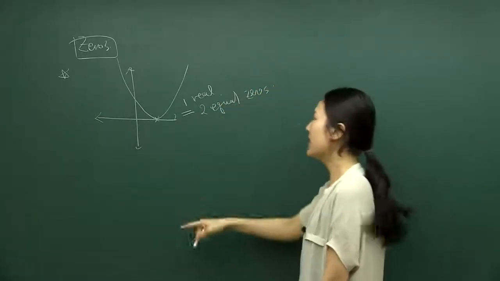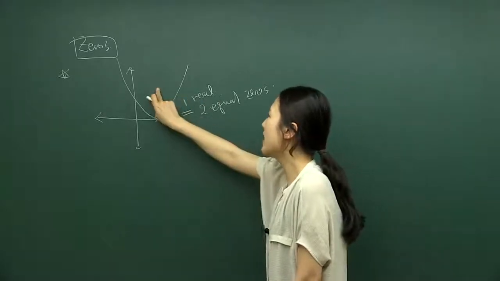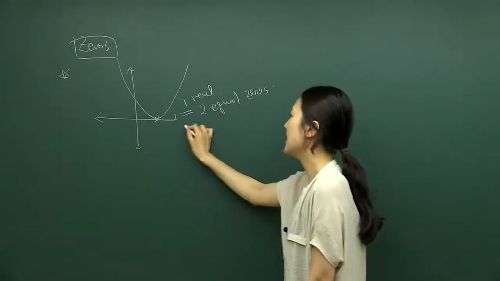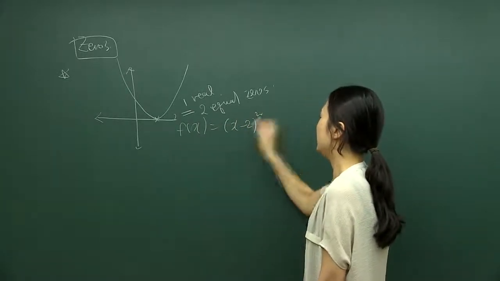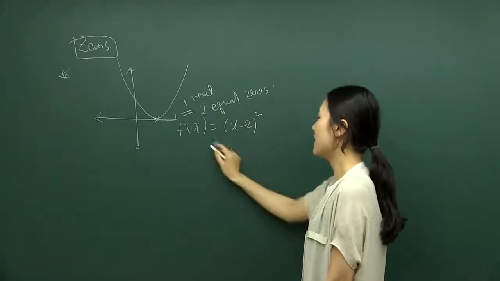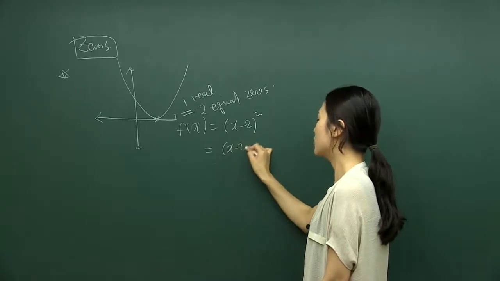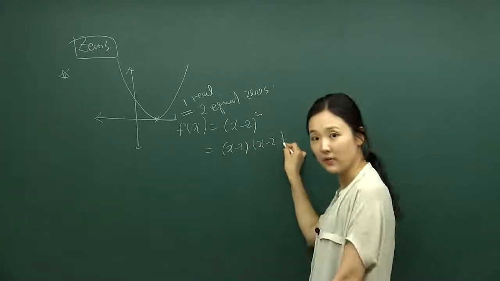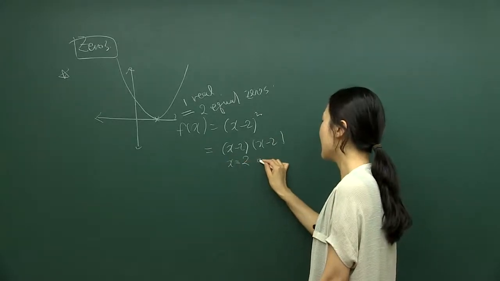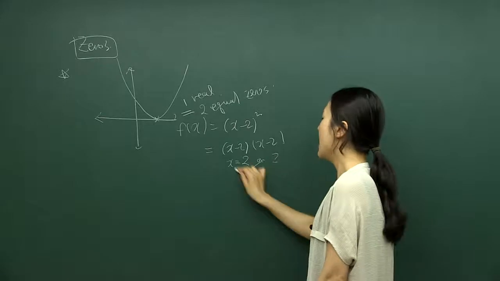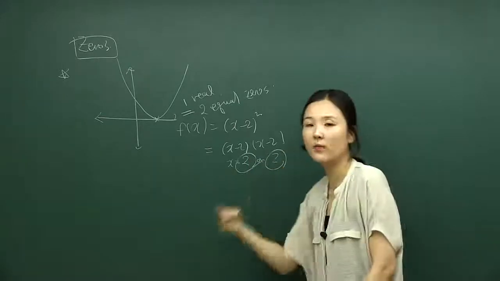Well, technically, consider this. When you have a function graph that looks like this, it's usually given by, say, x minus 2 squared, for example. What does that mean? It means that x minus 2 times x minus 2 is given, so that your zero equals 2 and also 2. As you can see, we have 2 of the same.